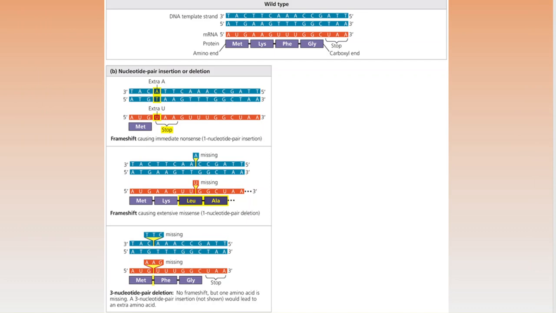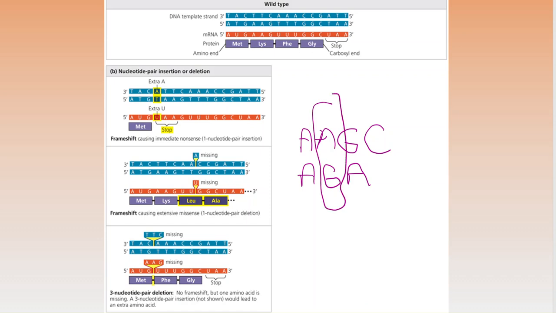The last 2 that I had talked about were your types of frame shift mutations, in which you can instead have insertion or deletion instead of substitution of those nucleotide bases. If you had AAGC, where before you might have had a substitution that could lead to any of those other things, instead now what you have is a deletion.